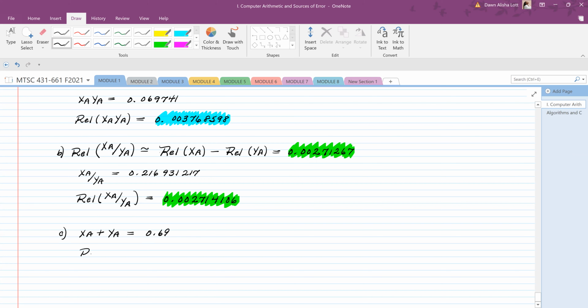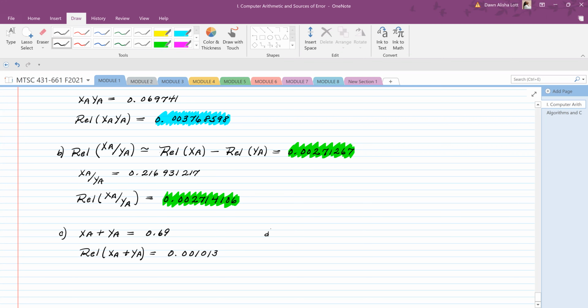And the relative error in X approximate plus Y approximate turns out to be 0.0010113 and some other stuff. Okay, so we didn't have any way of figuring out prior to how we could actually calculate that. We just didn't know how we would actually calculate it.